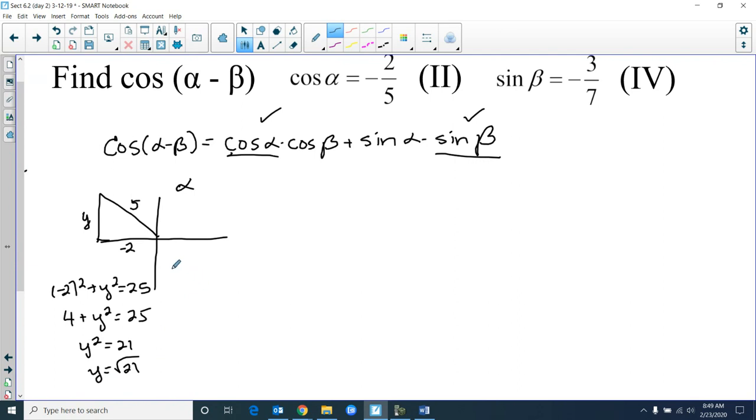All right, so what does that mean in terms of sine and cosine? We know the cosine, so that means that the sine of alpha is going to equal square root of 21 over 5. It's got to be positive because it's in quadrant 2. All right, let's figure out what else we need to know. Quadrant 4, sine of beta. We know sine of beta is negative 3/7.